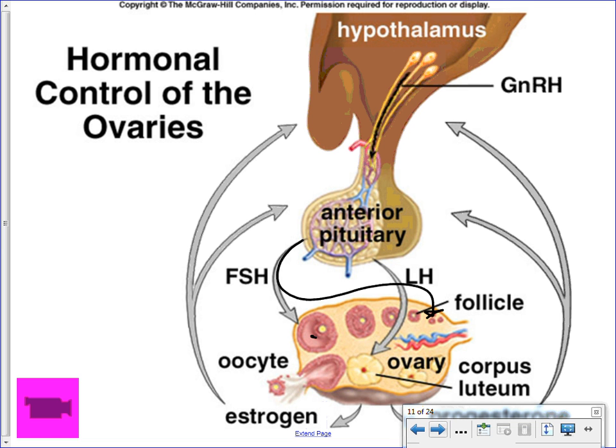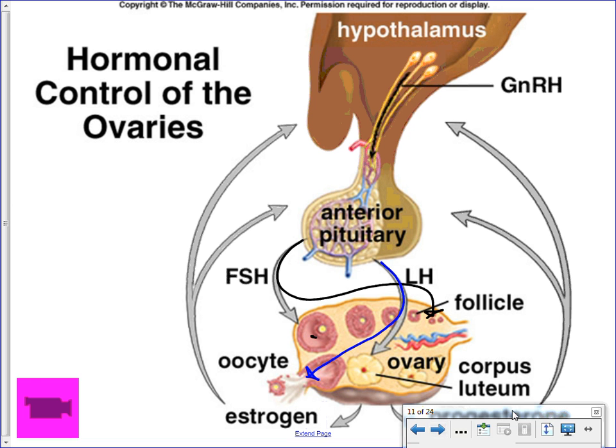Luteinizing hormone, again, even though the arrow is pointing to the corpus luteum, certainly eventually you do get the corpus luteum that is formed, but really it's the luteinizing hormone that is causing this event here. It is causing ovulation. What's left over, the follicular cells will be transformed into the corpus luteum.